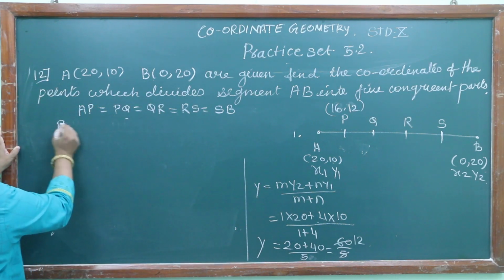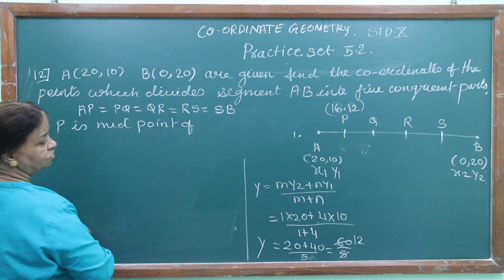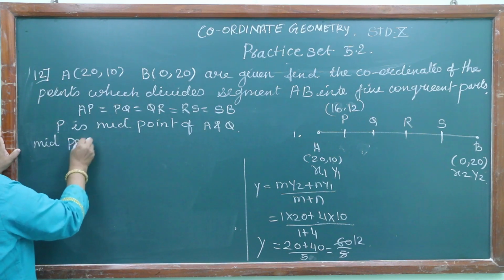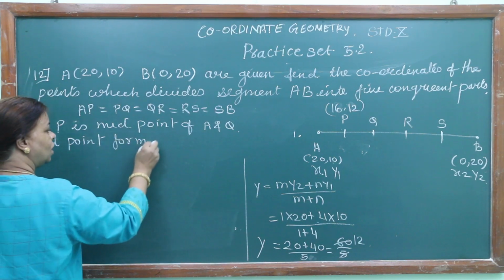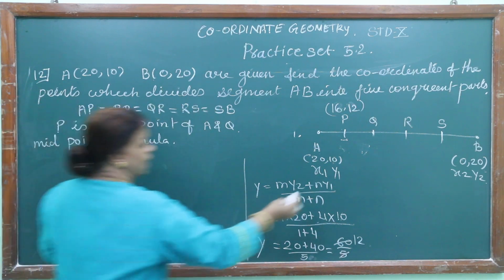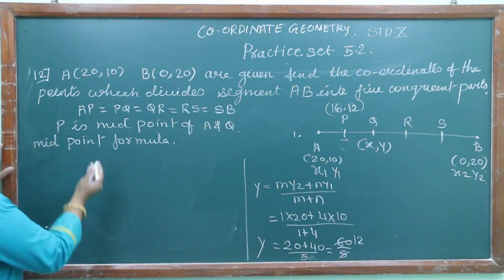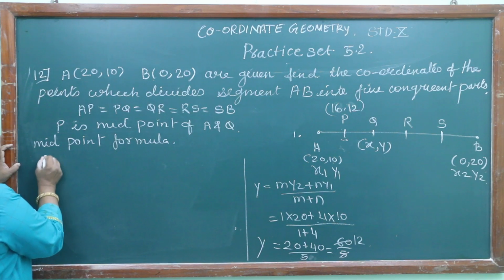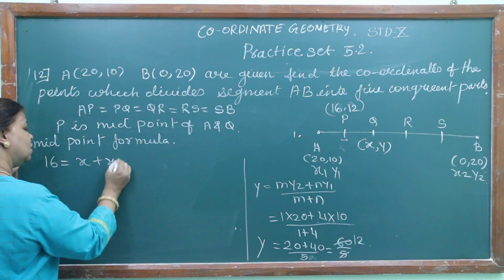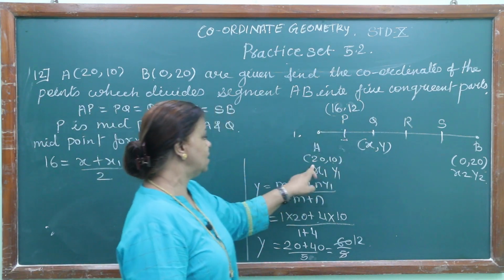P is the midpoint of A and Q. Now by midpoint formula, if P is the midpoint, and let me take this as x, y, then 16 is equal to x plus x1 upon 2. 16 is the x coordinate of P. So x coordinate is equal to this plus this upon 2.